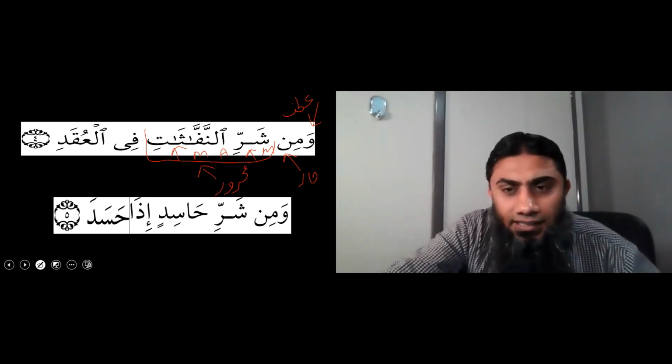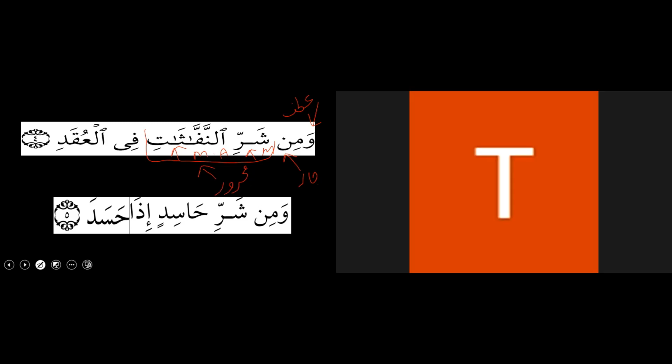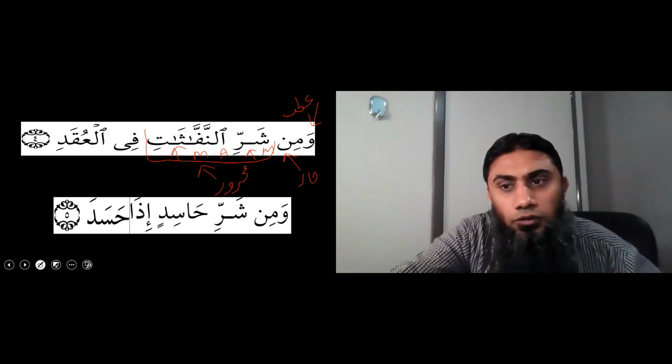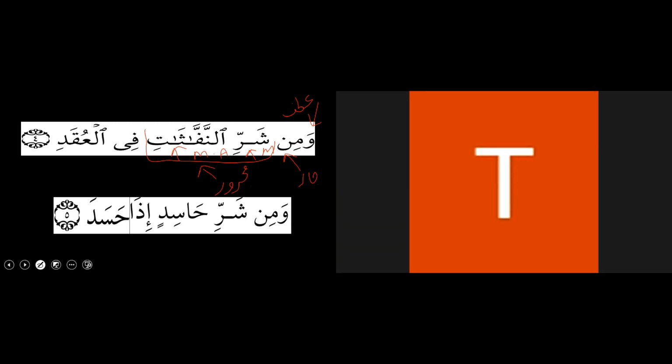Okay, in reality, only sharri is majroor, but because sharri is connected with nafasati, we put them in one bucket. So min is jar, sharri nafasati, evil of the blowers, majroor.